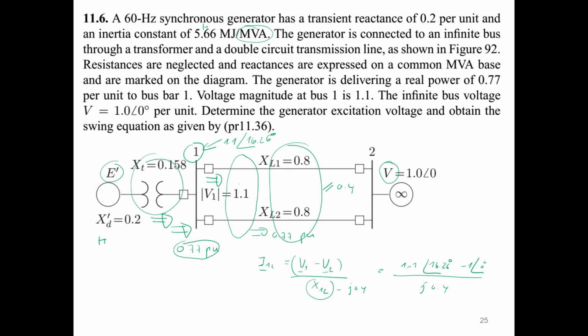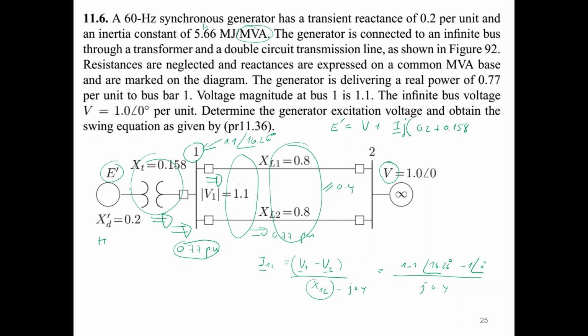Now you can find the E. In this case, E prime is V plus j times I, I'm sorry, this is I in complex times j, the sum of all the impedances. So you have j0.2, which is the transient reactance, plus 0.158.